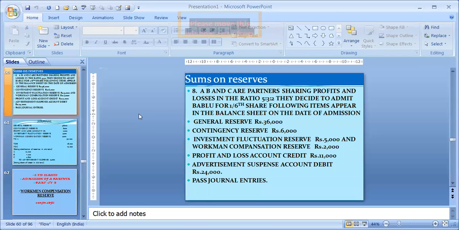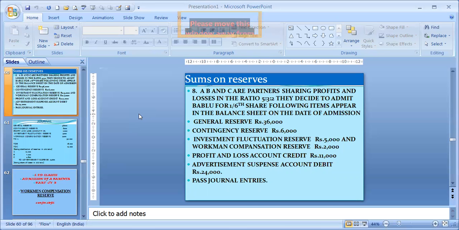General reserve was 36,000, contingency reserve, also on the liability side, 6,000, investment fluctuation reserve also on the liability side, 5,000, workman compensation reserve 2,000 on the liability side, profit and loss account credit balance also 11,000 on the liability side, whereas on the asset side was advertisement suspense account 24,000. There were other items also, but those items I'm not discussing now. So these were the different items which were there on the liability and the asset side.